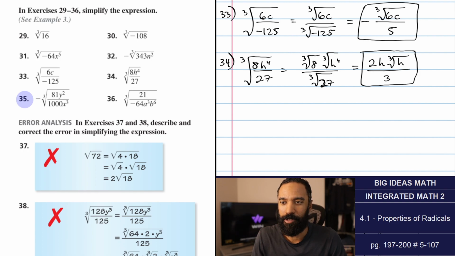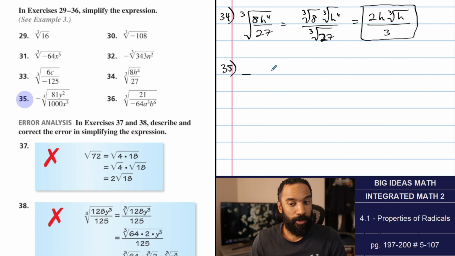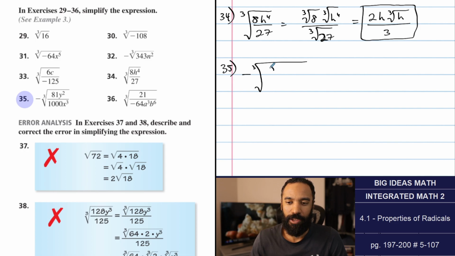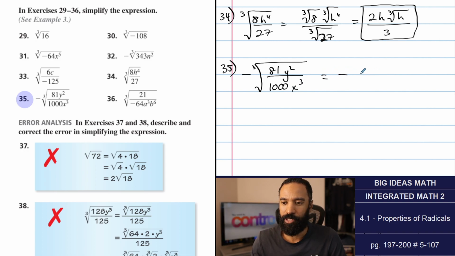Number 35. The numbers just don't get smaller, do they? But when you take the cube root, they sure do. Negative cube root of 81 y squared over 1000 x cubed. Nothing can reduce. Negative still outside here. Let's write out their separate cube roots because we're going to be able to do it for most of them.